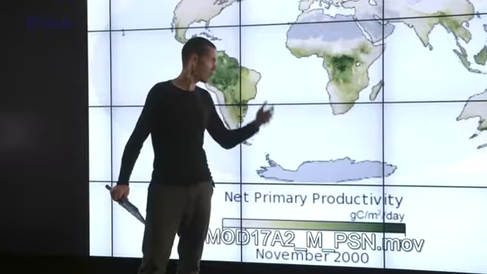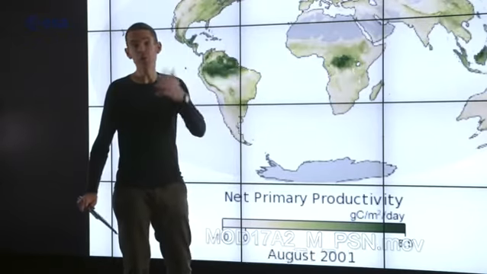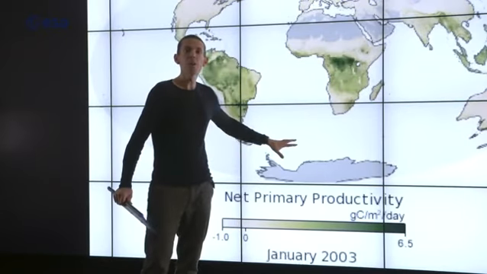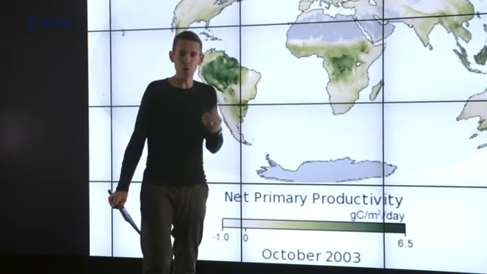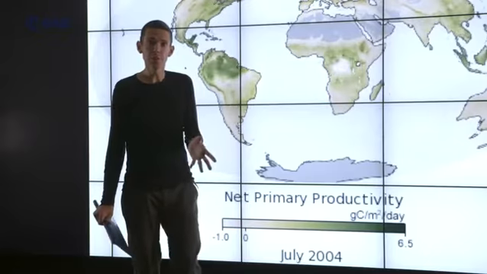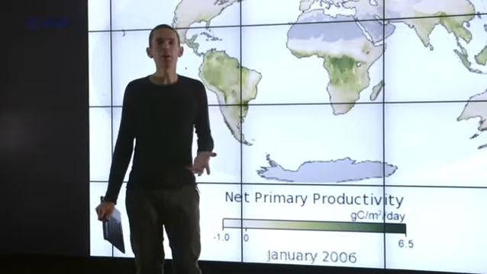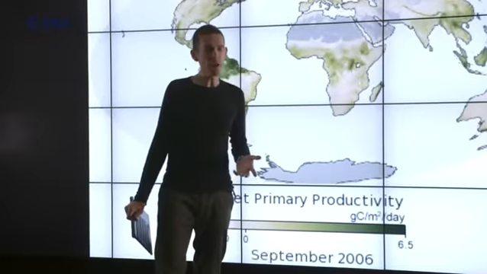So the question is how do we go from this measurement of reflectance in different parts of the spectrum into this property here, which is how much stuff is growing and being stored on the Earth's surface in the form of vegetation. The way we do that is by going through a process of modelling. It's the only way we can do it.